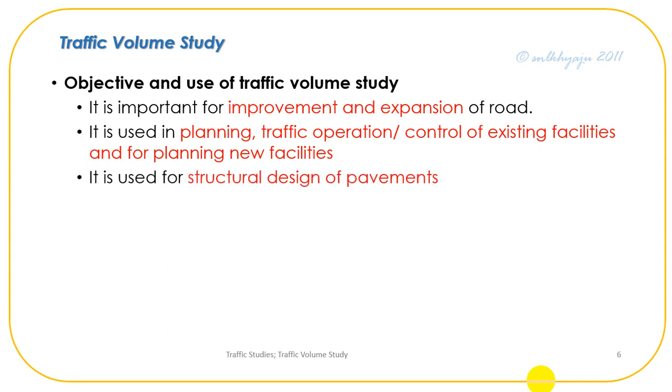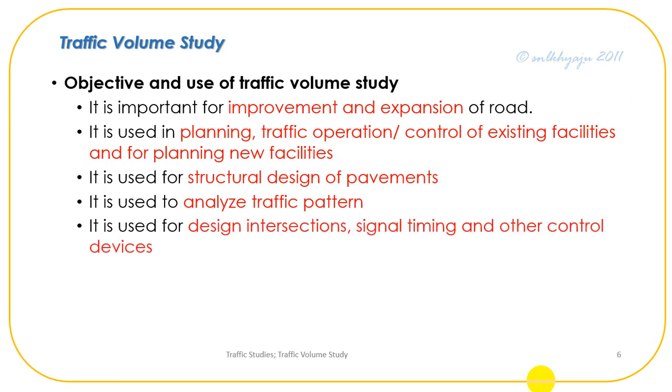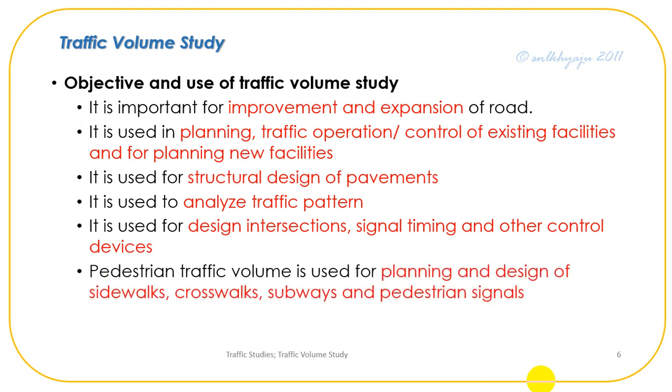It is used for structural design of pavements, to analyze traffic patterns, and to design intersections, signal timing, and other control devices. Pedestrian traffic volume is used for planning and design of sidewalks, crosswalks, subways, and pedestrian signals.